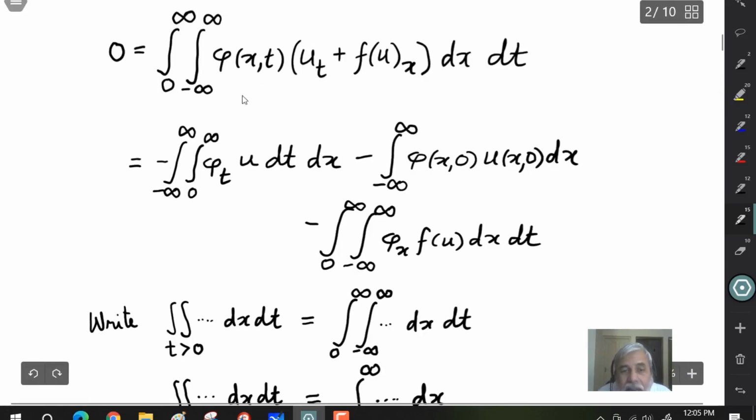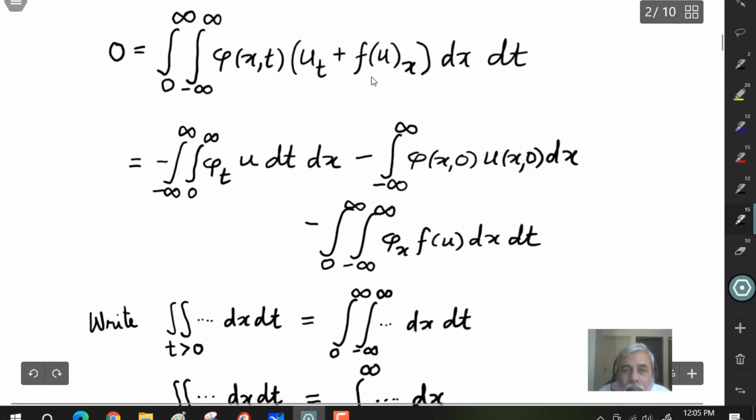That will produce, since this is a finite quantity there, namely 0, a boundary term with respect to the t variable, and that you again integrate with respect to x. So that is phi of (x, 0) u of (x, 0) dx.